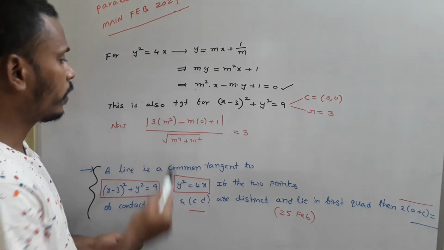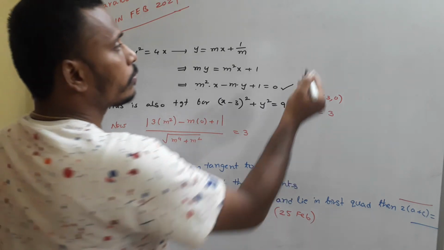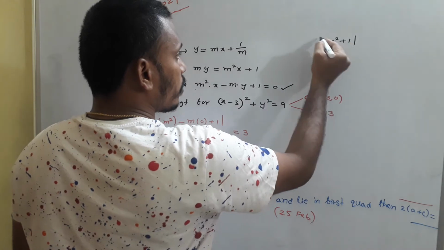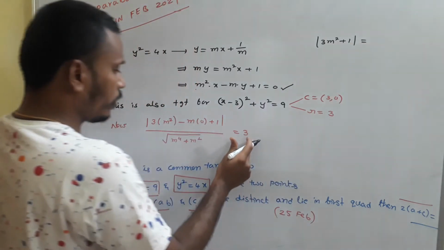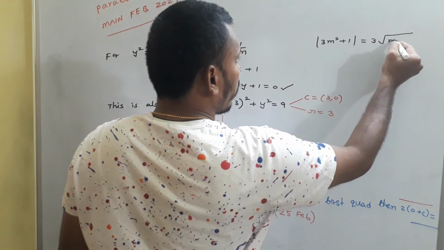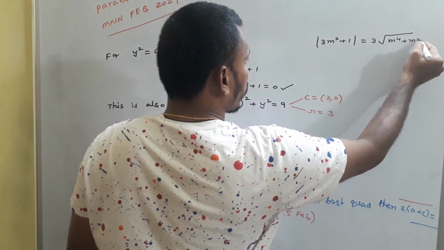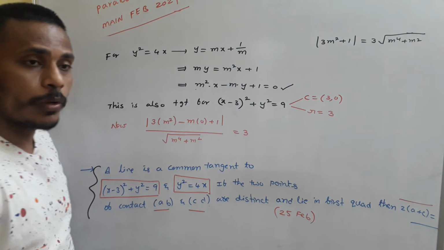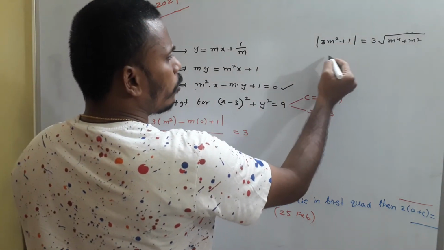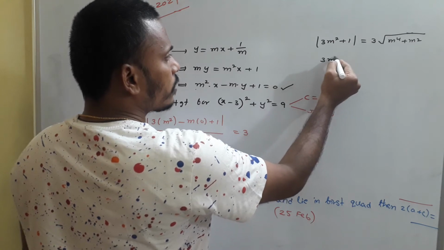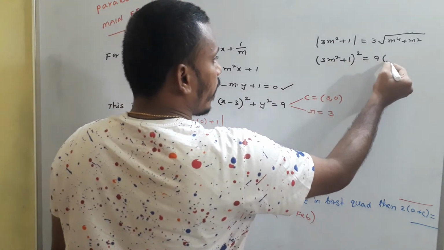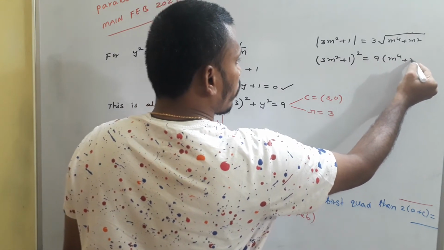So how to proceed? This is 3m² + 1, so |3m² + 1| = 3√(m⁴ + m²). Just square both sides to get the value of m. So (3m² + 1)² = 9(m⁴ + m²).